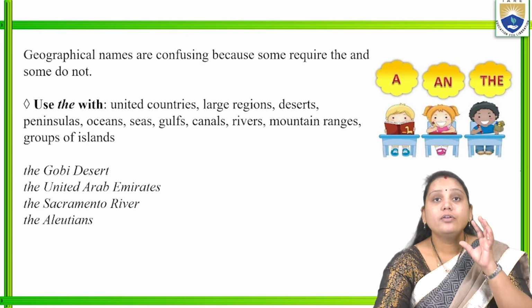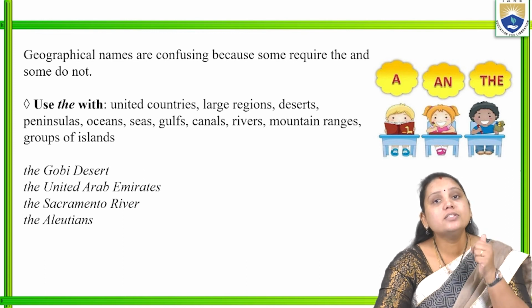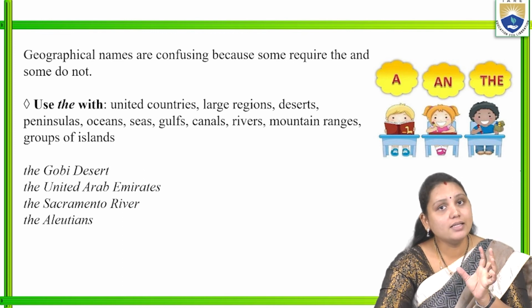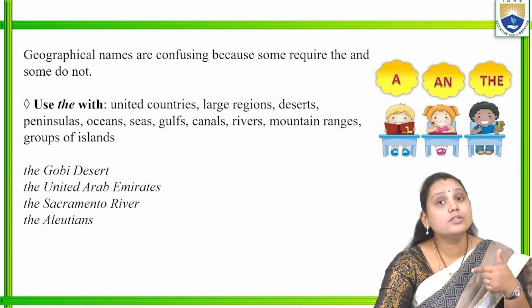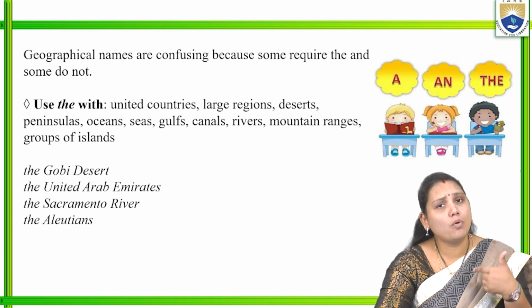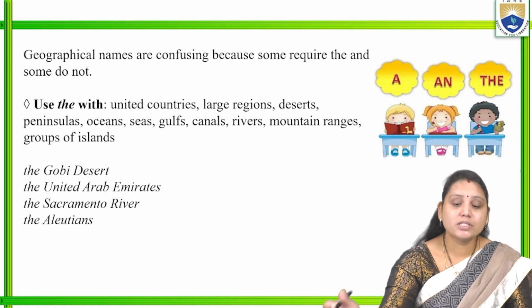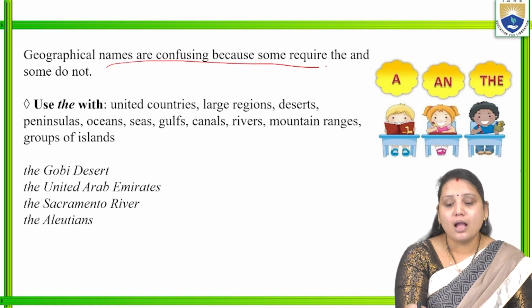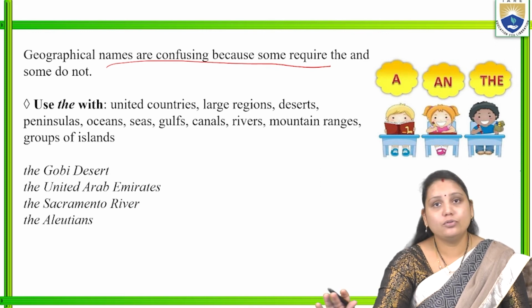Okay. Now, try to understand them. Try to make wise use of these articles such that your language becomes efficient and you become better and better in learning your communication skills. Now see, geographical names are confusing because some require the and some do not.